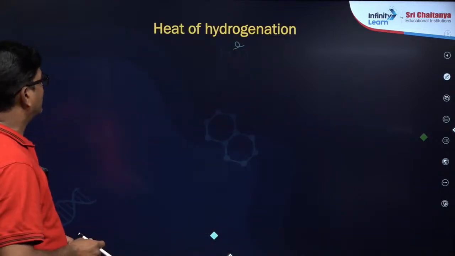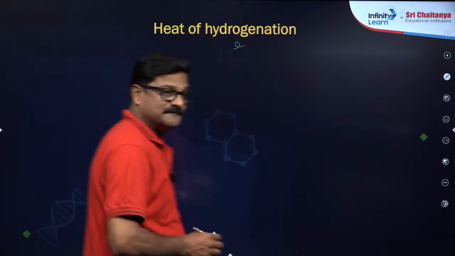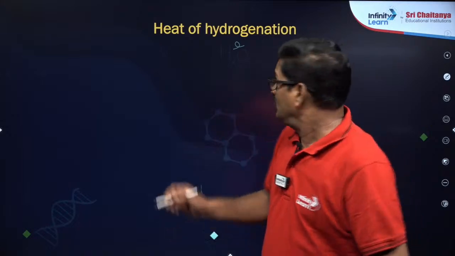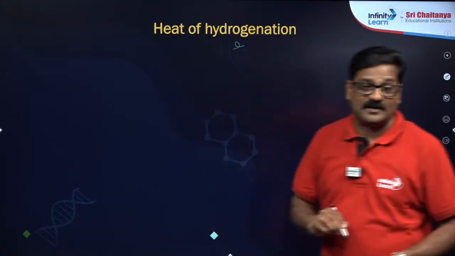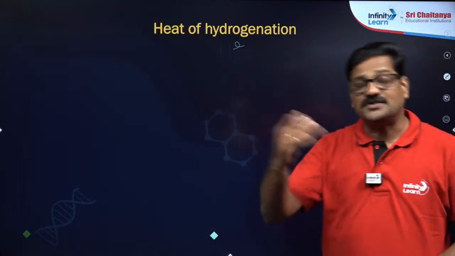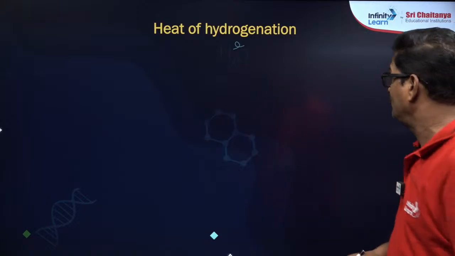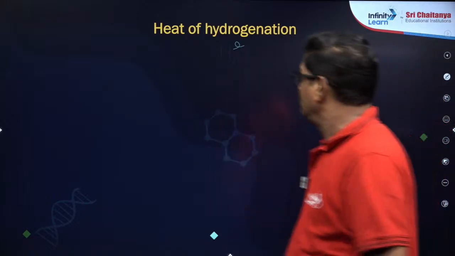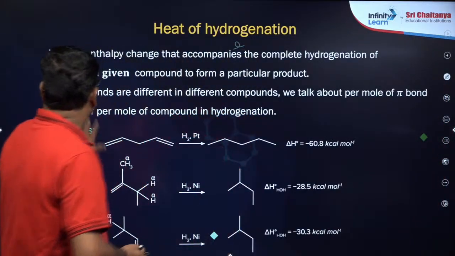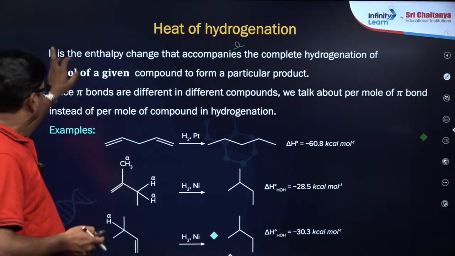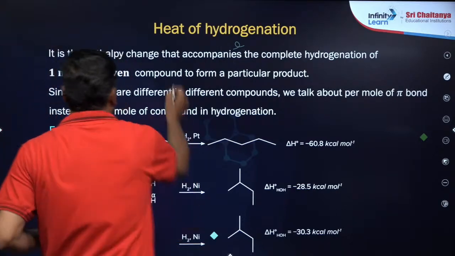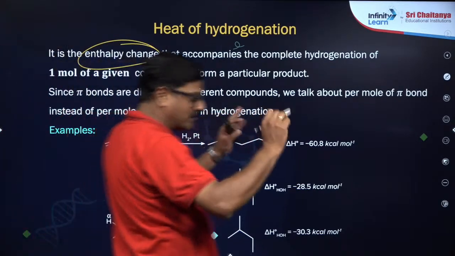Coming to heat of hydrogenation. What is heat of hydrogenation? When an alkene is subjected to addition of hydrogen, heat is liberated. For 1 mole of alkene, you can see 1 mole of the given compound, it is the enthalpy change or heat liberated. It is an exothermic process.